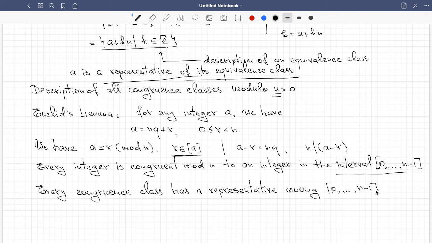It is now very convenient to choose not an arbitrary, but such an element as a representative. Moreover, integers in this interval, all of them belong to different congruence classes.